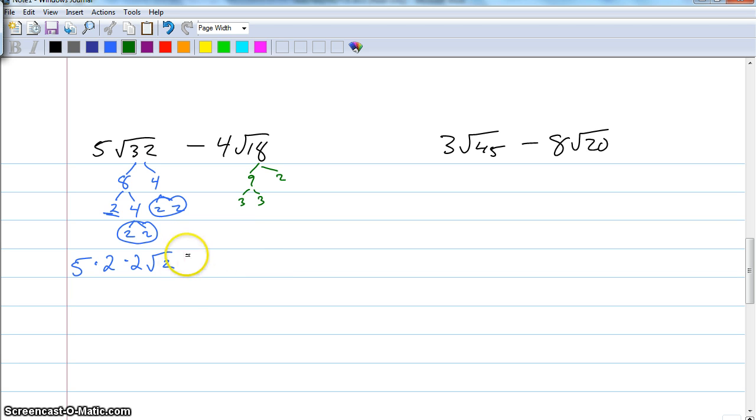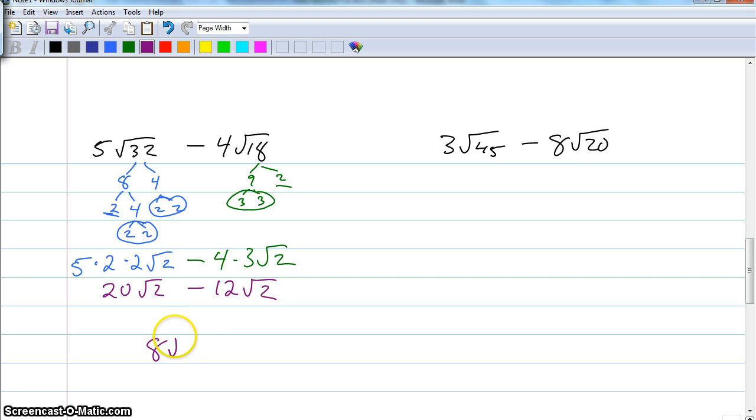This is going to be minus. There's already a 4 outside. A 3 comes out. And a 2 got left behind. All right, so we simplified these. Now let's put them together, see what that looks like. So what we got here is 5 times 2 is 10, times 2 is 20, root 2 minus 12 root 2. So 20 root 2 minus 12 root 2 is 8 root 2. That would be your answer there.